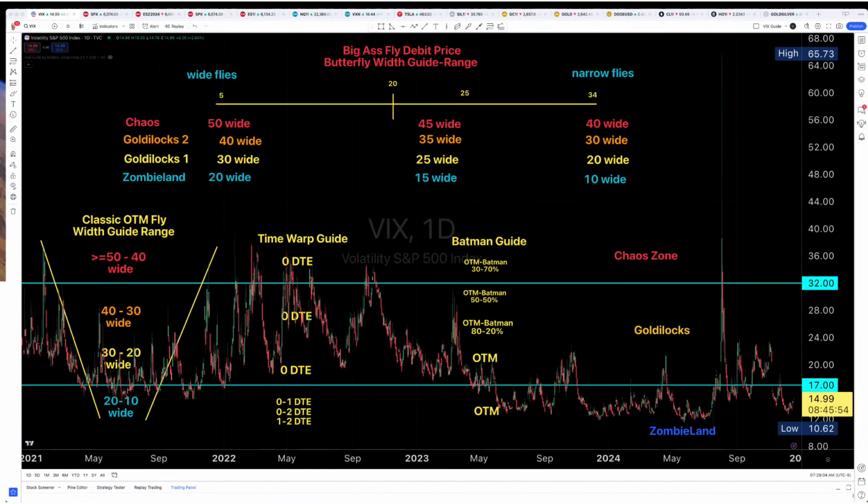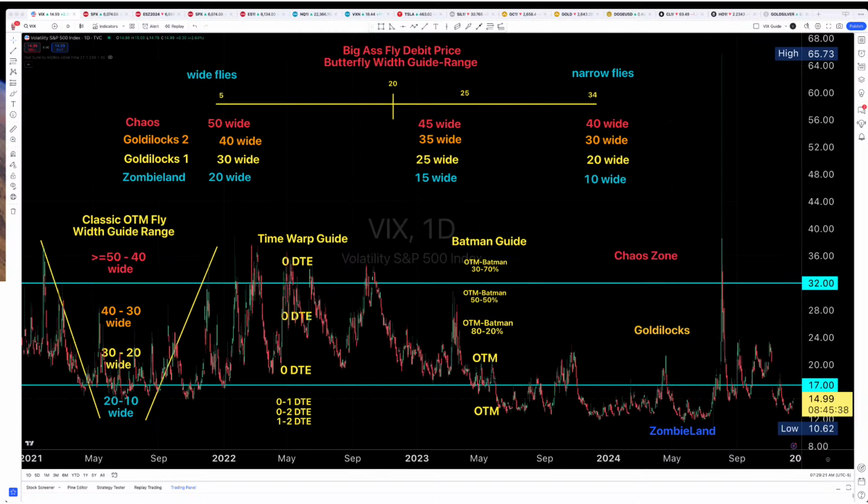And I guess the best way that we can tell that is by looking at something called the FedWatch Tool. Now, the FedWatch Tool, let's see if we can get to it. The FedWatch Tool is an indicator that will show you the probability of a rate cut. Now, what I need to do is bring this over here.